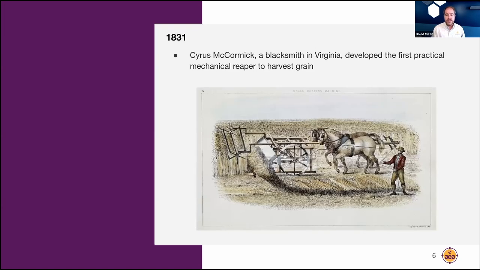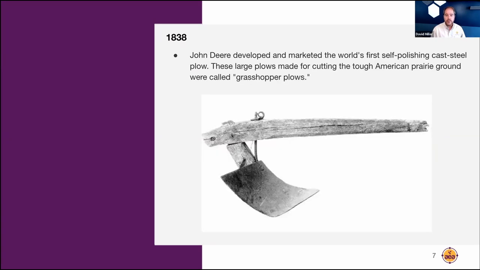In 1831, the reaper was invented, and this allowed one man, instead of harvesting half an acre to an acre, if he was really good at swinging the scythe, to harvest 5 acres, 10 acres, large tracts of land by himself. That really had an impact on a family or a farm's ability in how many acres they could cover.